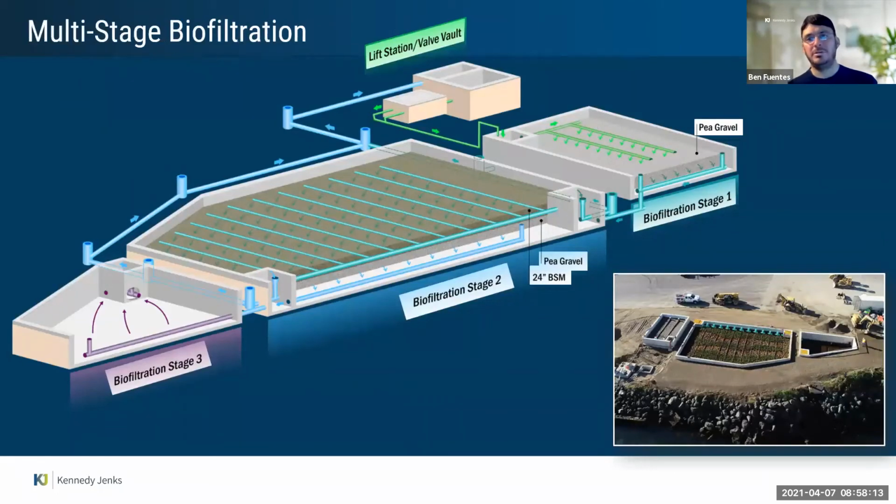Another approach that's out there is doing numerous stages. In this particular case I have on the screen here, it's a 3-stage system where the first stage is a pre-treatment intended for larger solids removal and to really protect the downstream stages.